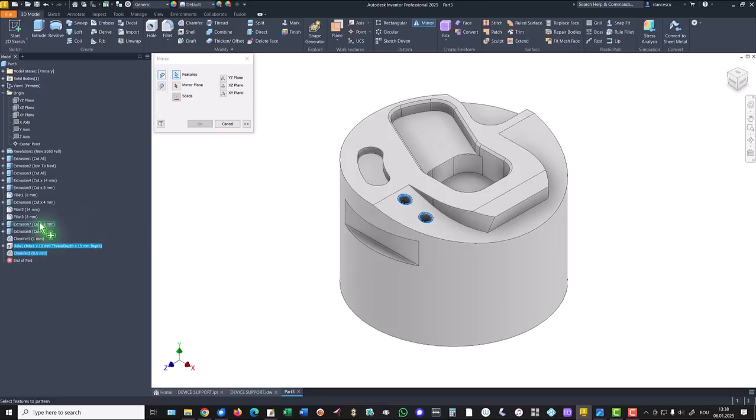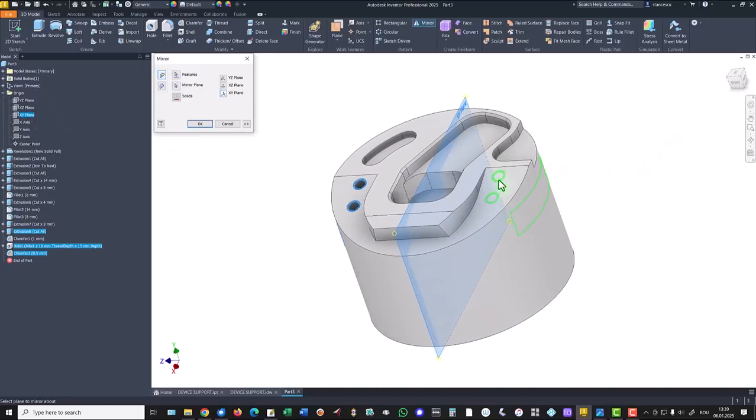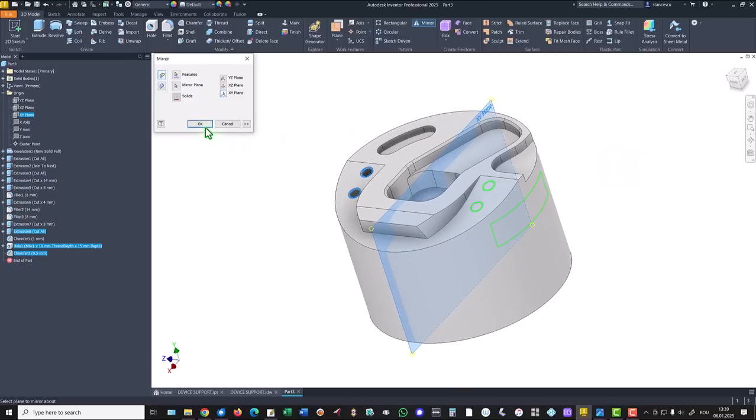Then that cut extrusion, this, yes, the mirror plane is XY, and you see here what happens.